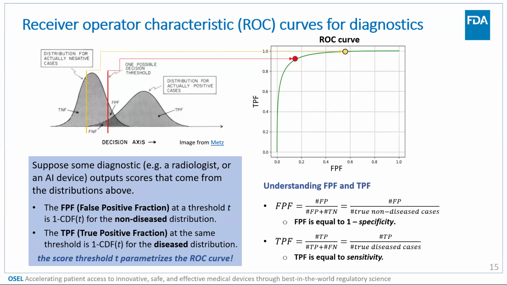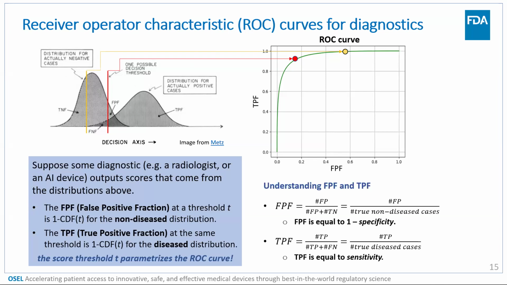Then the false positive fraction at that threshold is the area under the non-diseased curve to the right of that threshold, because that represents the proportion of patients falsely called positive by the diagnostic. And similarly, the true positive fraction at the same threshold is the area under this distribution on the right, which is the disease distribution. And this is the proportion of patients that are called positive correctly by the diagnostic.